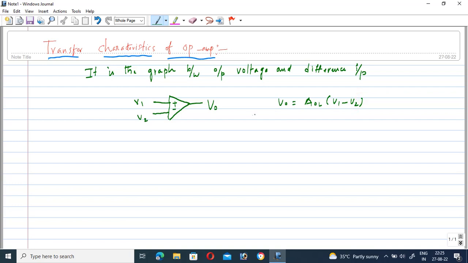The difference voltage VD is equal to V1 minus V2. Therefore, the output voltage V0 is equal to AOL into VD. This is the output voltage in terms of open loop gain and difference voltage.